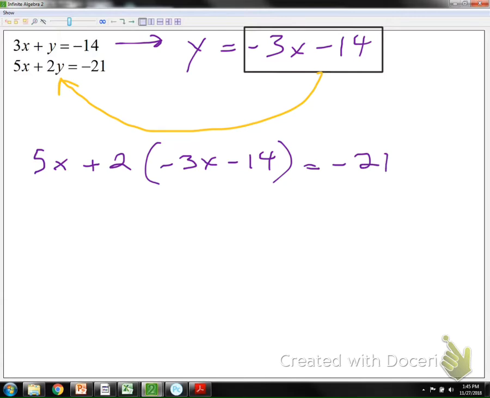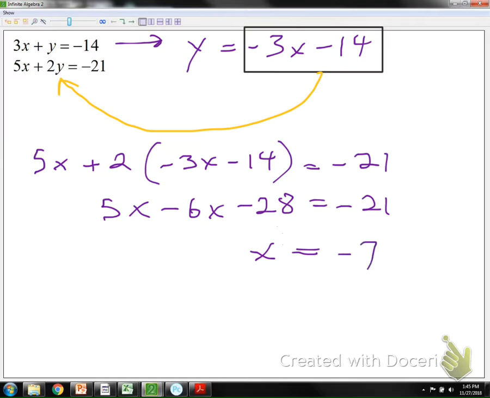When we solve this for x, we get 5x minus 6x minus 28 equals negative 21. Solve that, and we get x equals negative 7.